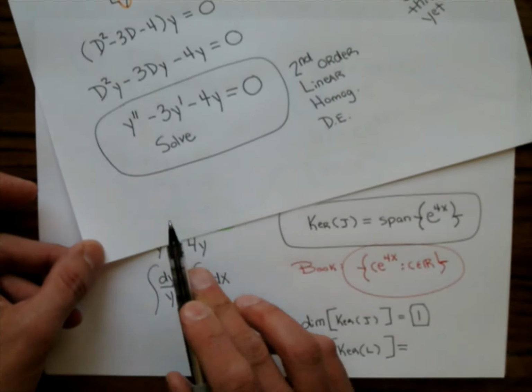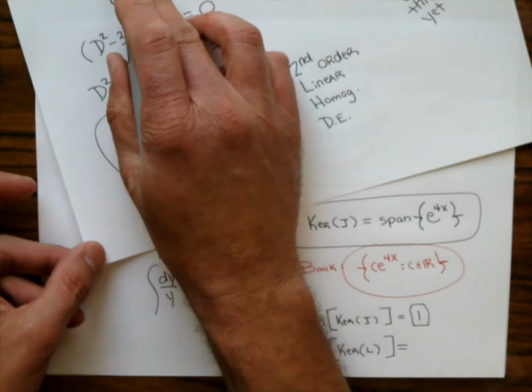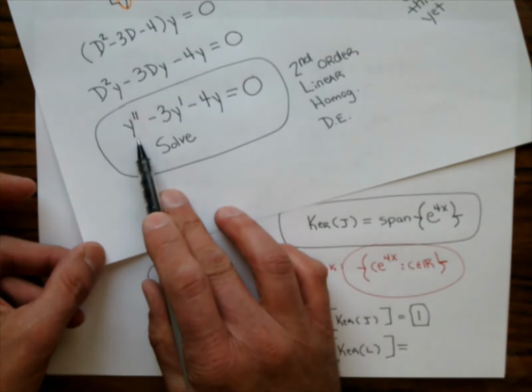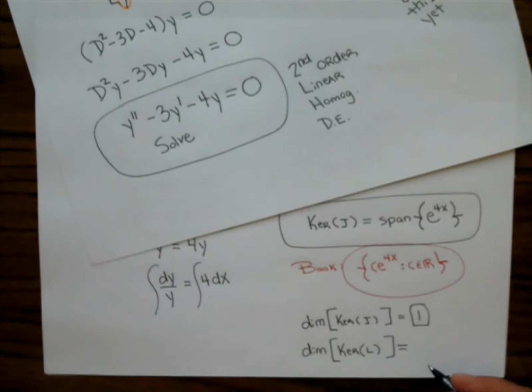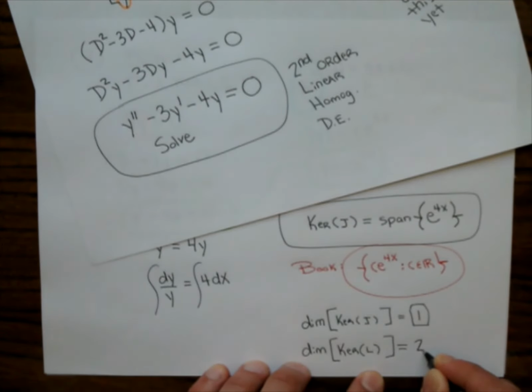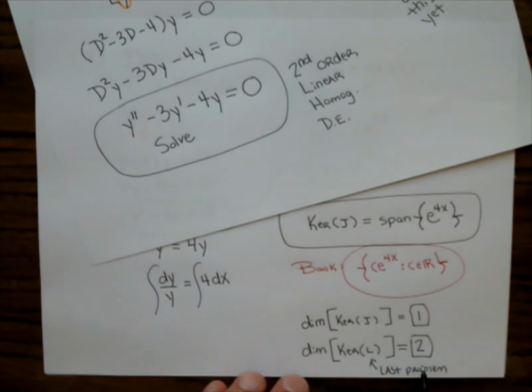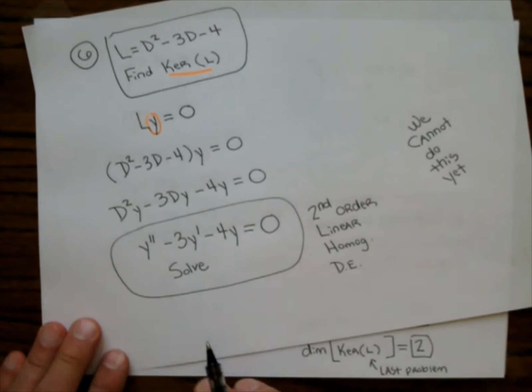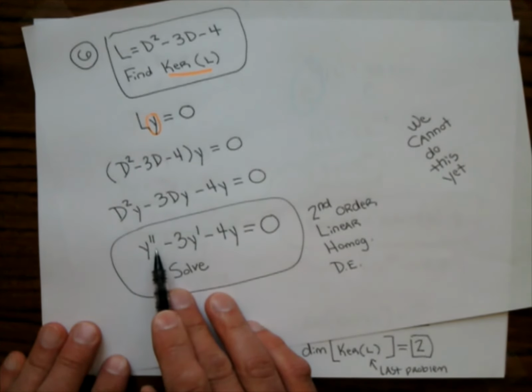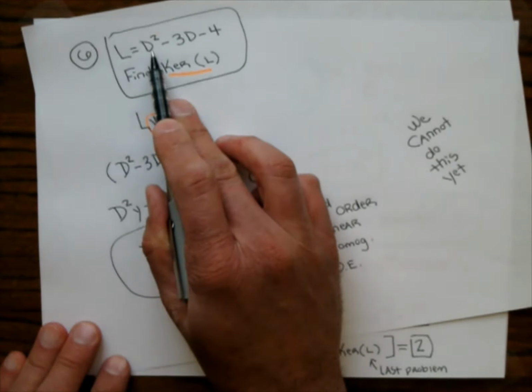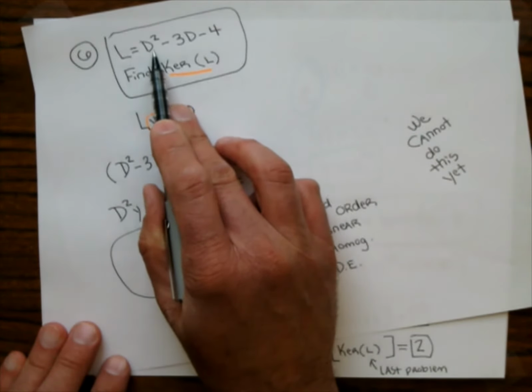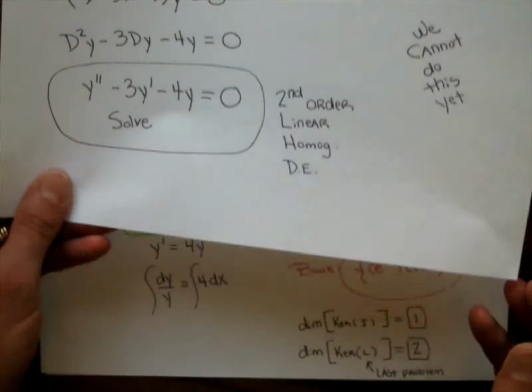Well, since this is an order 2 differential equation, it's actually going to be 2. So this L was last problem, in case you're looking at the PDF. So it's 2. And so we know what the dimension of the kernel is going to be, because it's going to be the order of the differential equation, or the degree of this linear transformation when you see it as a polynomial. And so there it is.